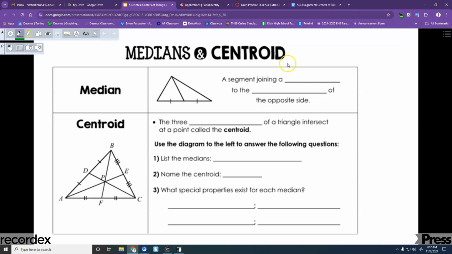The median is a segment joining a vertex to the midpoint of the opposite side.